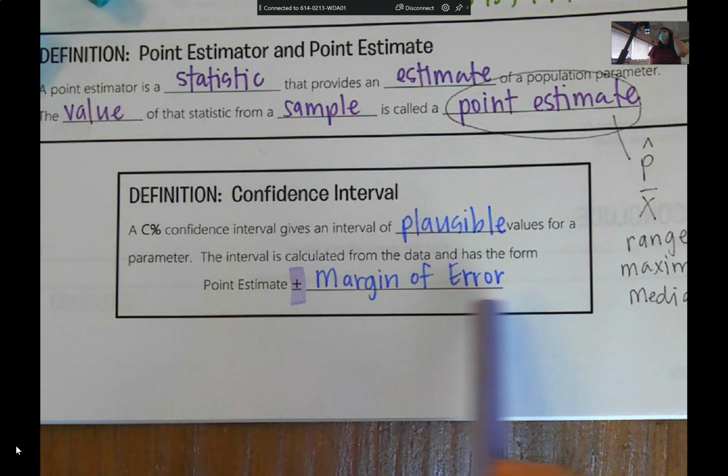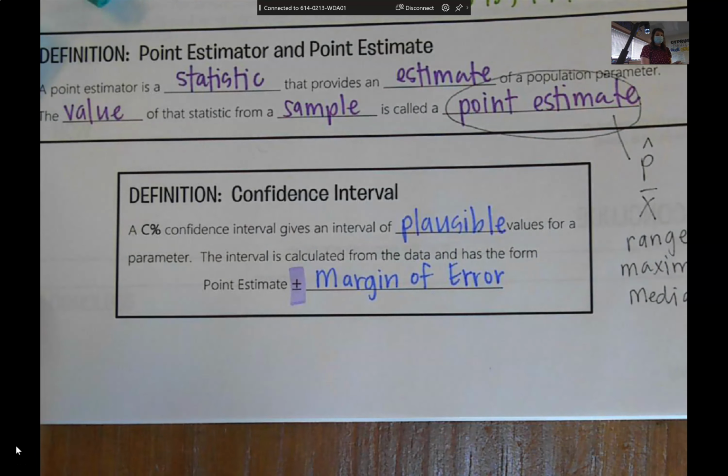All confidence intervals are found by taking the statistic you calculate from your sample and adding and subtracting your margin of error. Your margin of error is by how much we could be off, how far from the true value we might go.